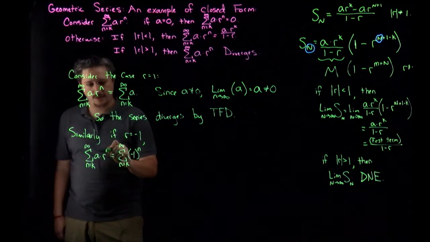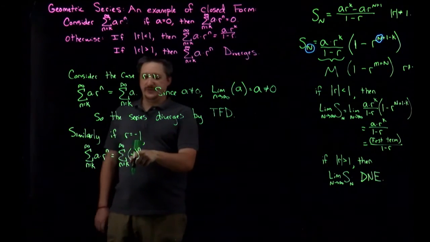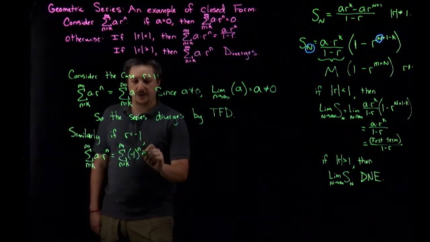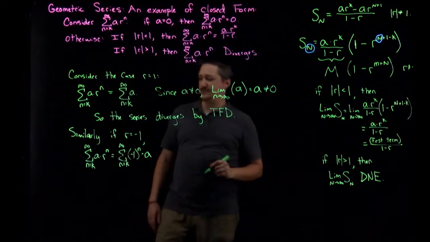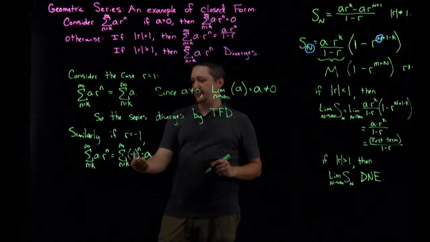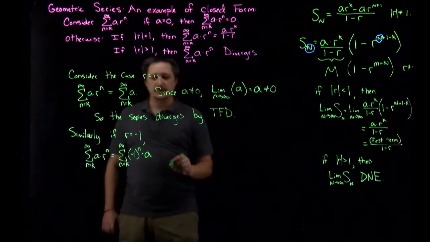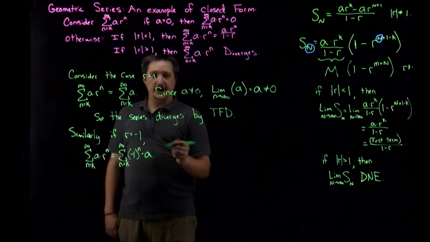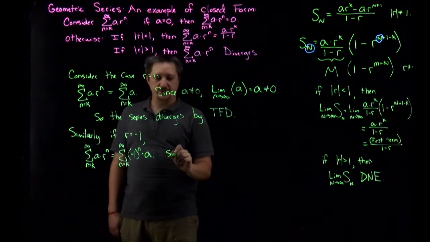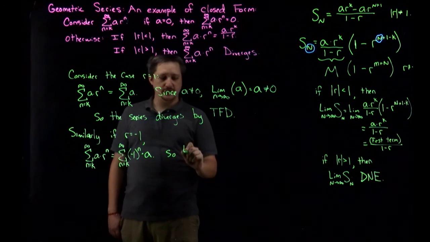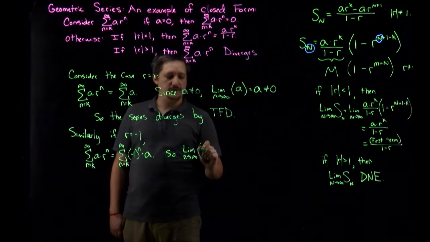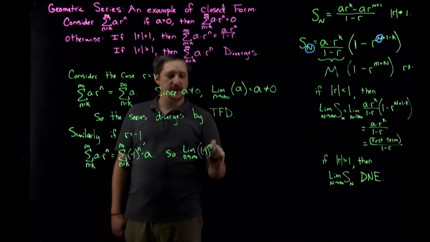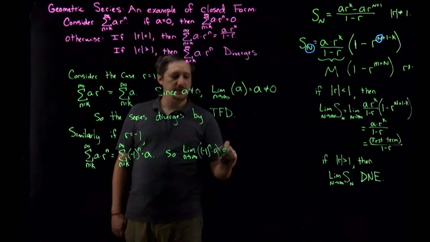So I wrote it the other way because that's sort of the standard order to write that in, but r is -1, so I'm just replacing it. And again, since a is not 0, the limit as n goes to infinity of -1 to the n times a is not 0.